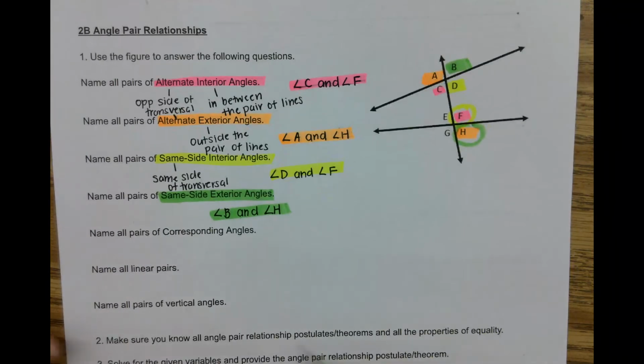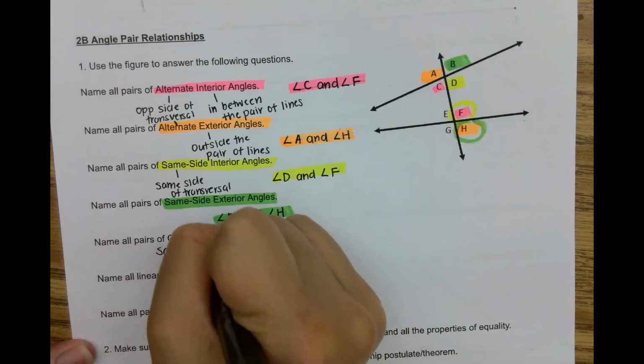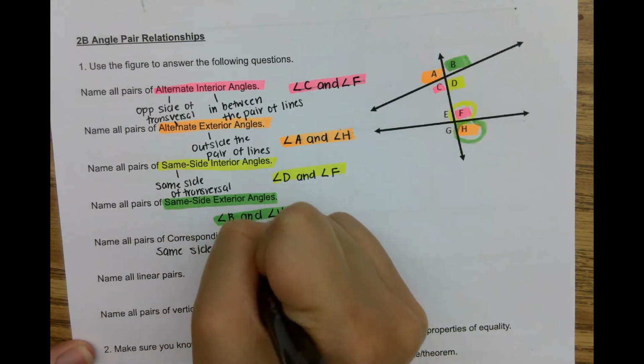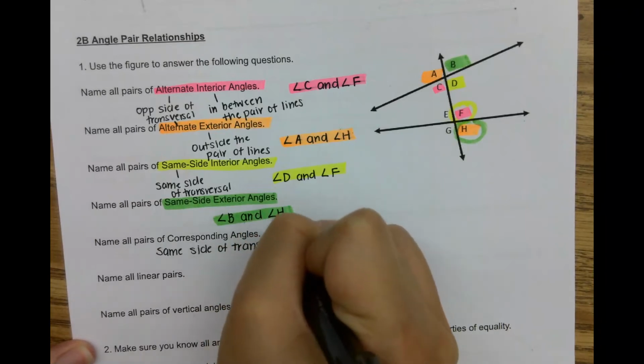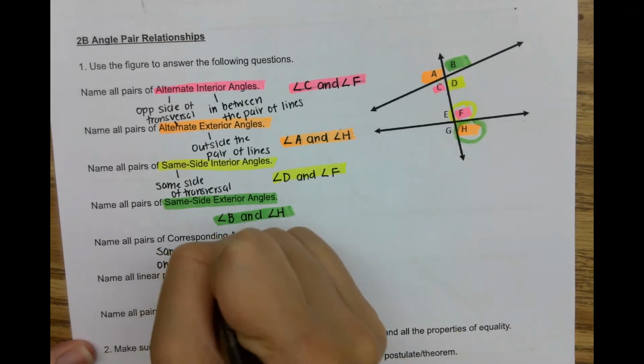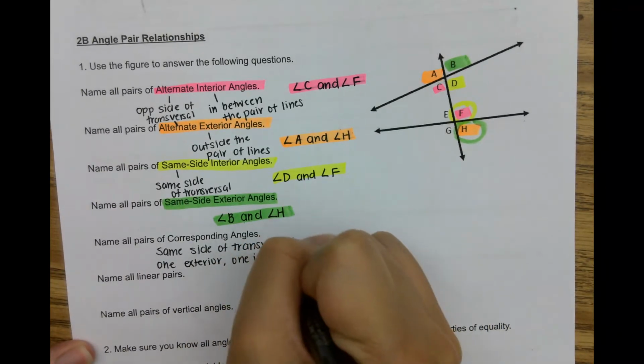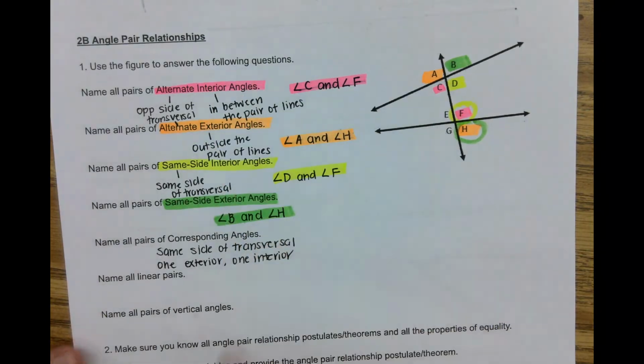They are on the same side of the transversal. One is exterior and one is interior. For all of these, they cannot be linear pairs, so keep that in mind, because if it is, it would be considered a linear pair.